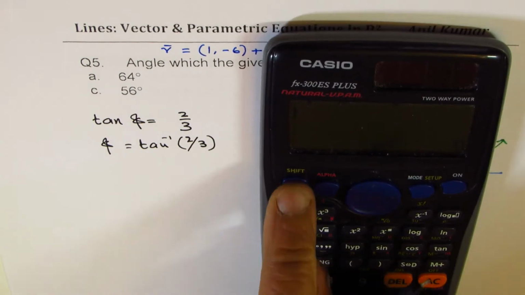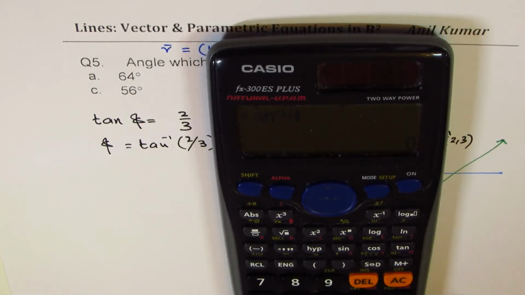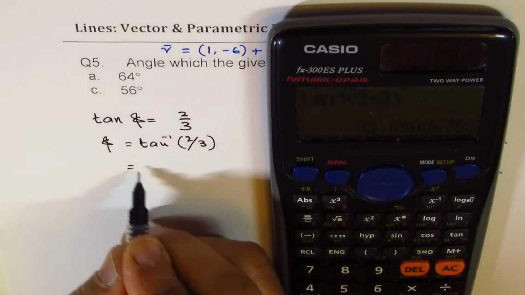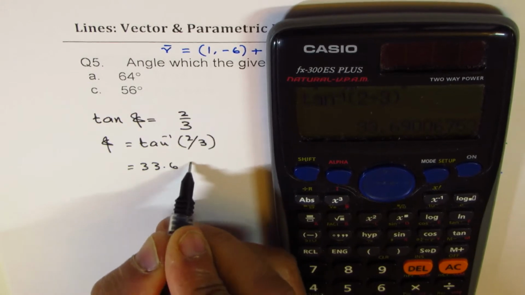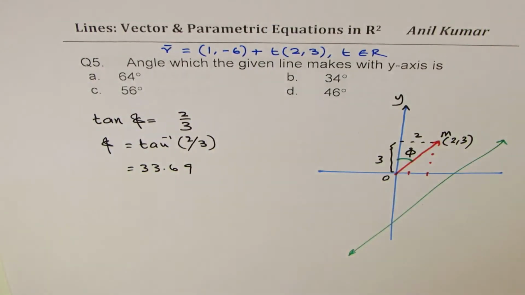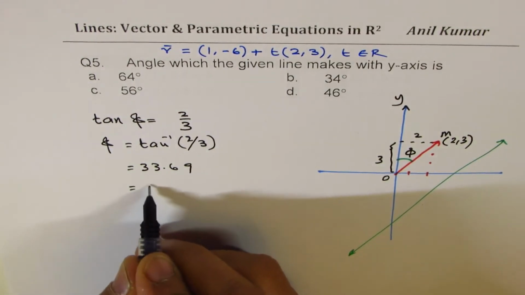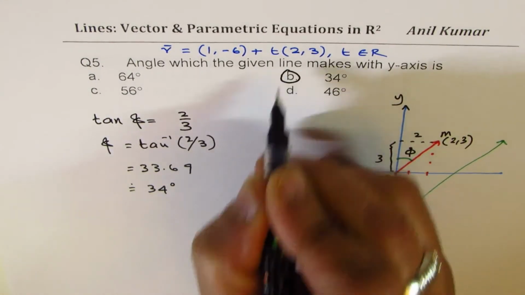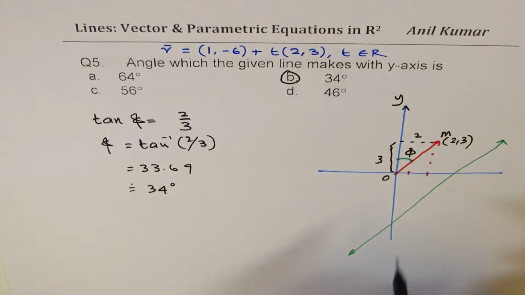So we have shift tan inverse 2 divided by 3 equals to 33.69, which could be rounded and written as 34 degrees. So option B is the right option. Some of you can actually find theta, right?